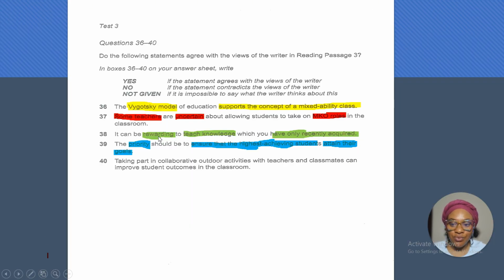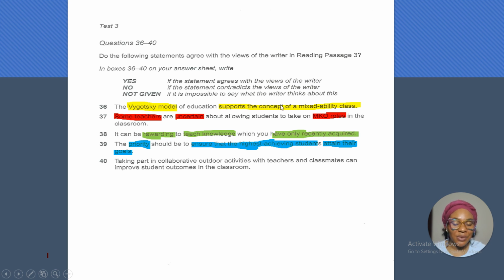The question says it's rewarding, so a certain joy, to teach knowledge, to pass on knowledge or skill, which you have only recently acquired, which you yourself have only just mastered. So it's not the same words at all. It's very well paraphrased. Synonyms are used, but the meaning is the same. That is why your answer is true. Or rather, in this case, yes.